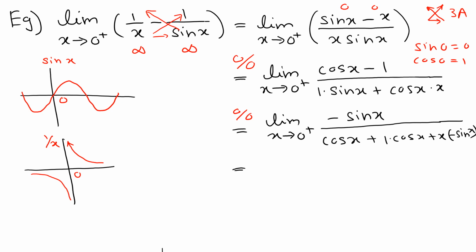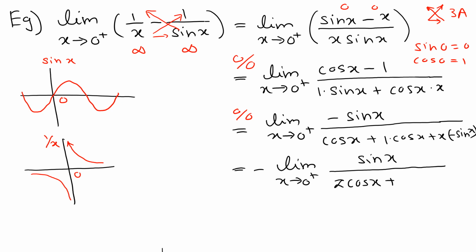Actually, we can pull the negative sign out and write it like this just to simplify it. So you can say this is 0 plus, this is sine, and in the bottom you have 2 cosine, actually it's minus x sine x.